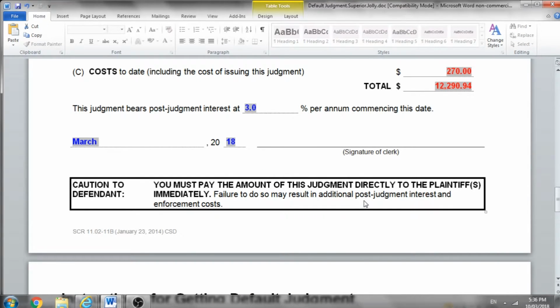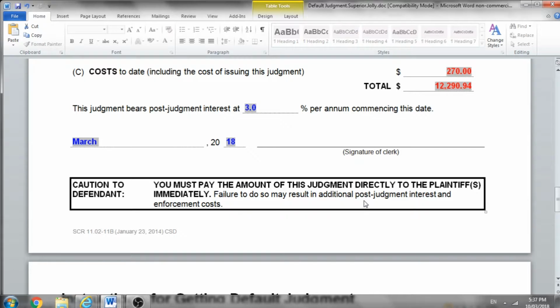But let's just stop here for a second, because there are a couple problems that sometimes arise. Although a clerk can sign a default judgment for a liquidated amount, we have to remember that the clerk needs something on which to base that judgment. And that's why it's important, when we issue a plaintiff's claim for a liquidated sum, that we attach documentation in support of our claim.